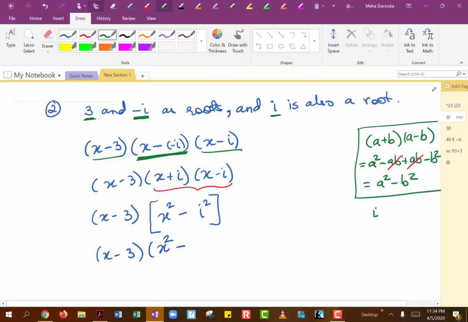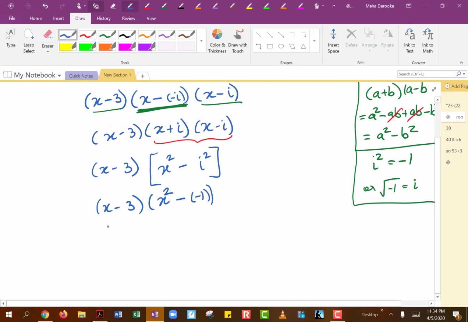Remember i squared ends up becoming negative 1, or you can think of the square root of negative 1 as being i. So if you square both sides, you're going to end up getting i squared equals negative 1. So you're actually going to need to make that substitution. If you leave this as i squared, that's incorrect. So then i squared will end up becoming negative 1, right?